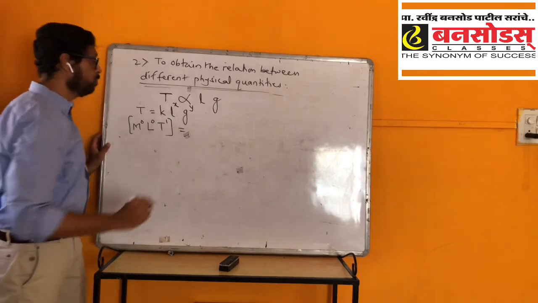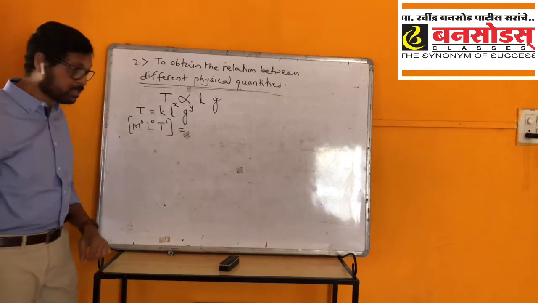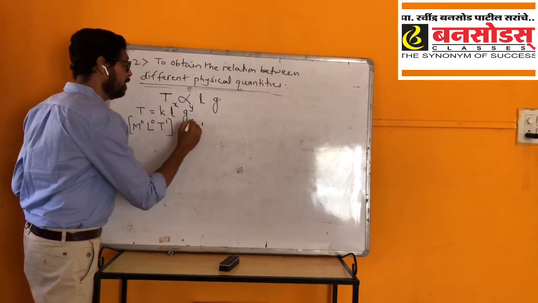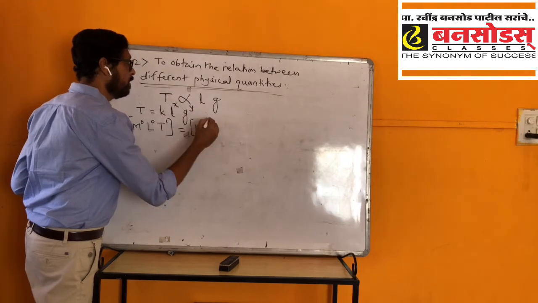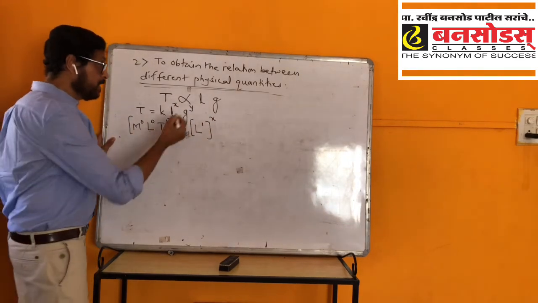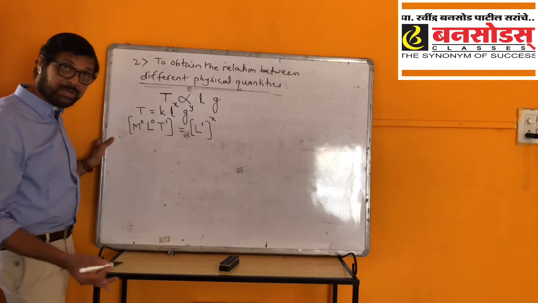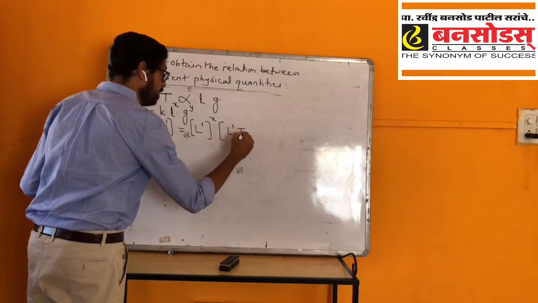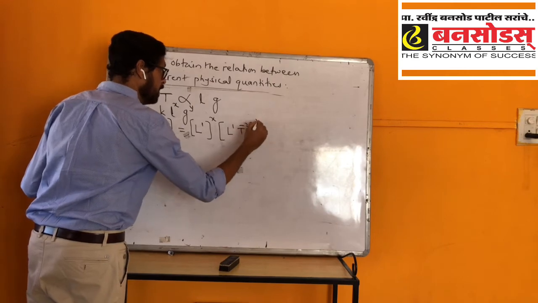Is equal to, K has no dimensions. L means length, L1 raised to x. g means acceleration due to gravity, acceleration. So it is L1 T minus 2 raised to y.